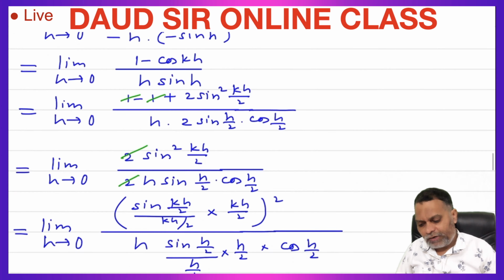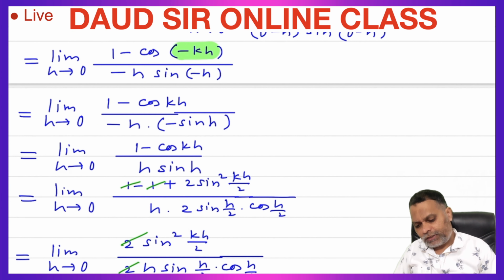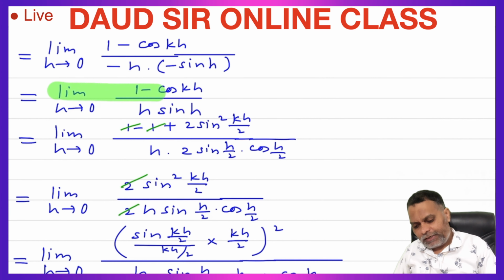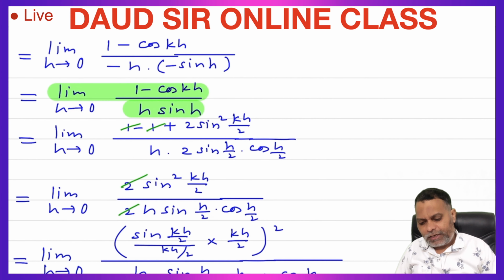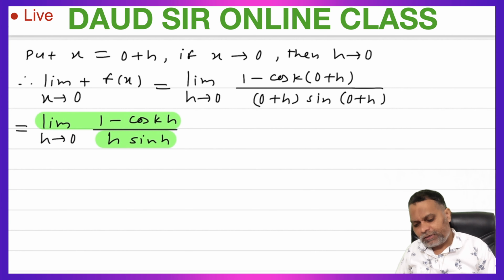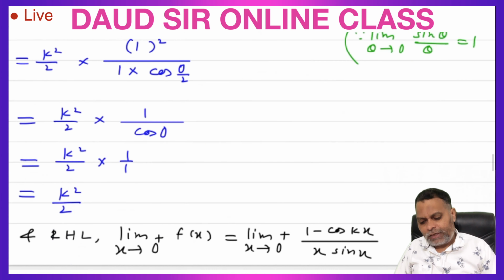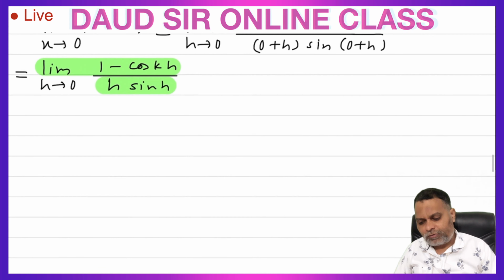So same value of function, same limit we have got. This limit h tends to 0 1 minus cos kh upon h sin h, and here also limit h tends to 0 1 minus cos kh upon h sin h. So after simplifying again we will get k square upon 2.